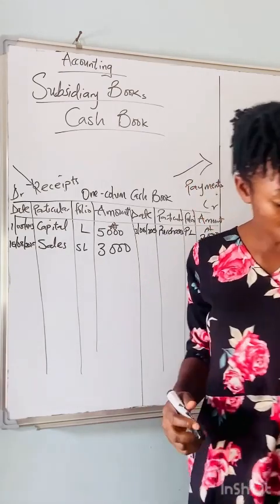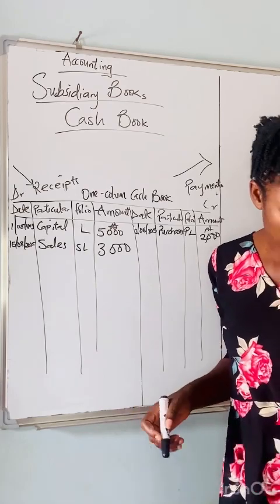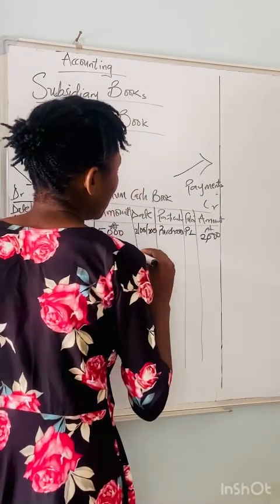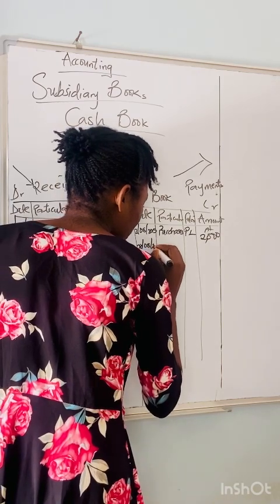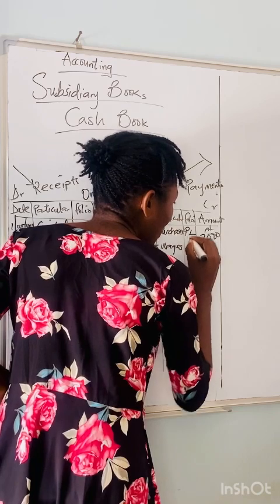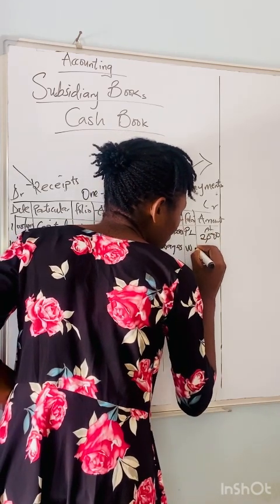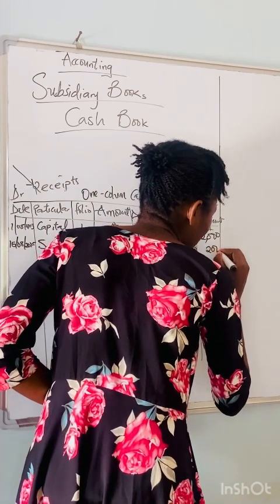So we paid wages of 200 naira. Our date is 20th of August 2015. Our particulars here will refer to wages, and we can find it in our wages ledger, or wages account, worth 200 naira.